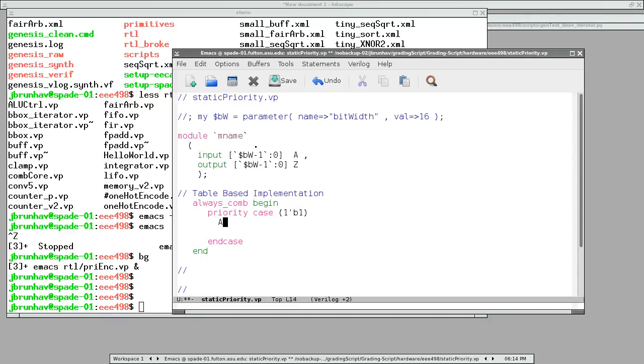And then what we'll do is that for each A, so we could say for each A, if that A happens to be 1, then Z is going to be equal to something like 2 to the $I power.